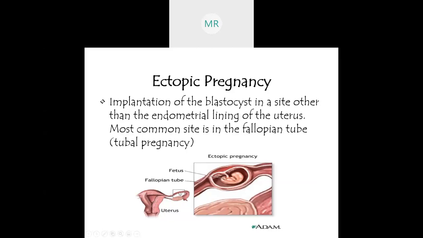But this tube is really thin, okay? Really, really thin. Look at your little pinky finger. Very, very thin. Sometimes thinner than your pinky finger, okay? It's painful because that little baby can't grow in such a tiny little space, and that's why it causes so much pain.